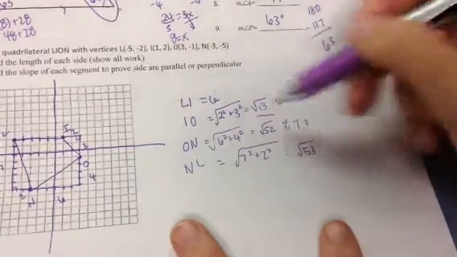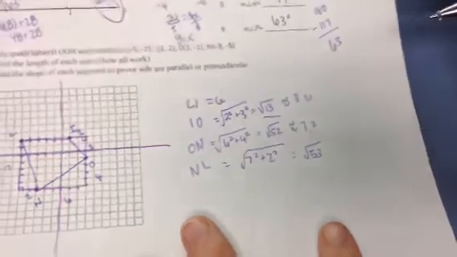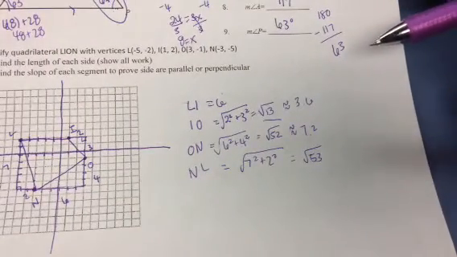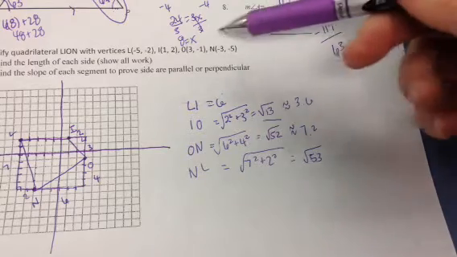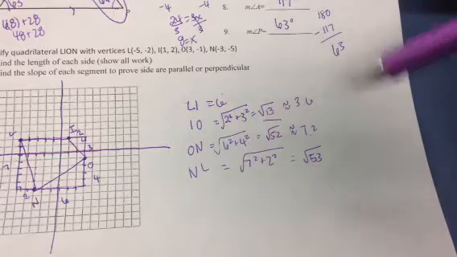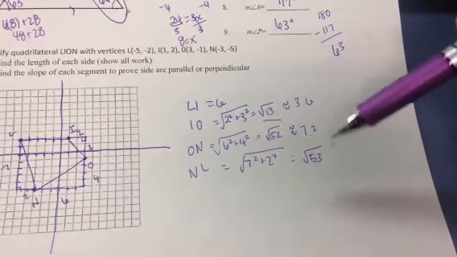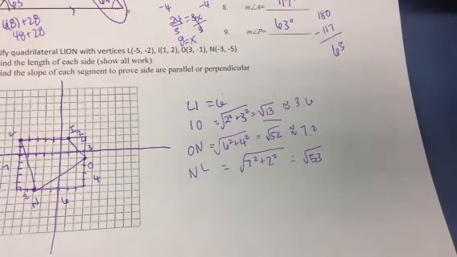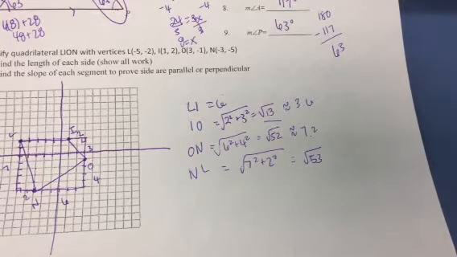So it also can't be a kite, because a kite would have at least 2 pair of congruent consecutive sides. So this is either a trapezoid or it's going to turn out that it's just a quadrilateral. So let's check the slopes of this one.